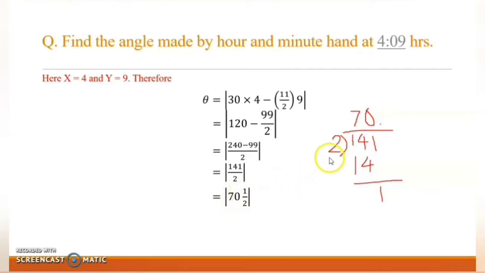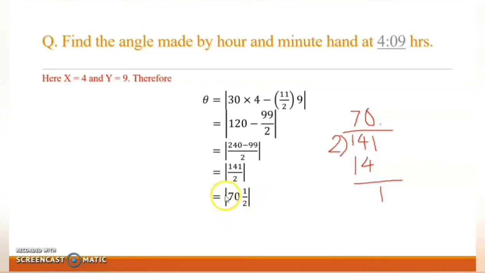Whenever we divide a dividend by a divisor, this is called the dividend, this is called the divisor, then the dividend is equal to divisor into quotient plus the remainder. That is 141 is equal to 70 into 2 plus 1.